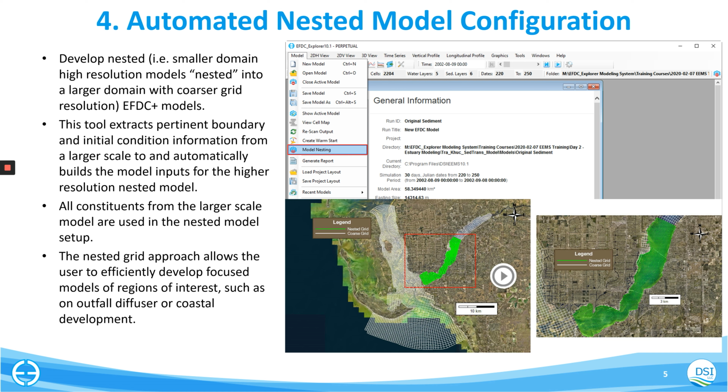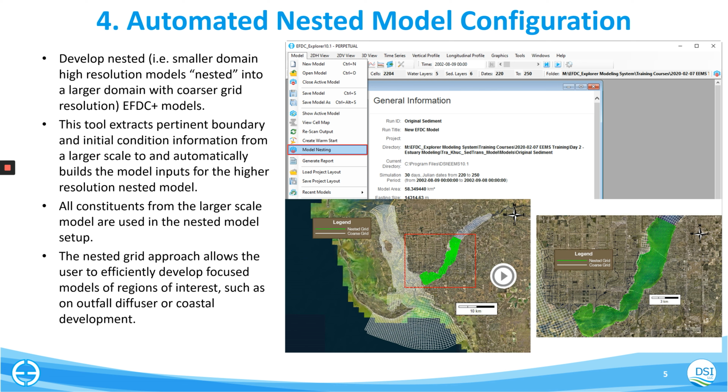For computational reasons, you don't want to have the entire domain. See here in this particular example, we've got the white grid as a coarser grid overlaid on the map here, and then the green grid is a higher resolution, say, focus study area where you want to look at some process that's going on in that area.